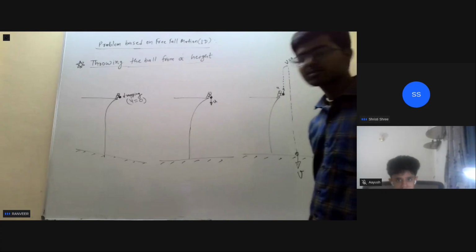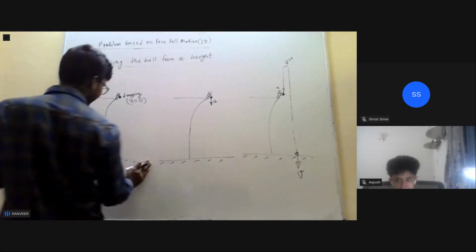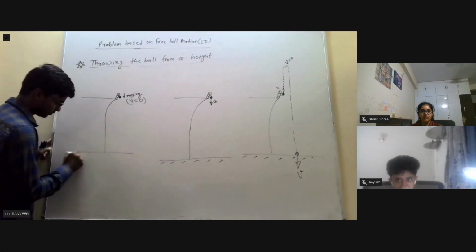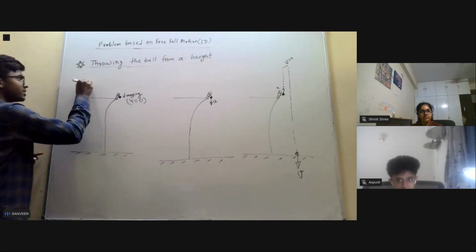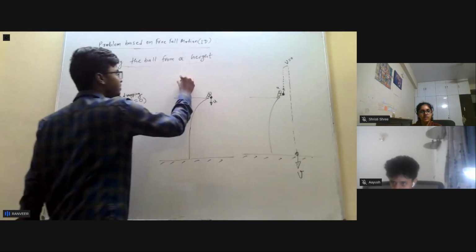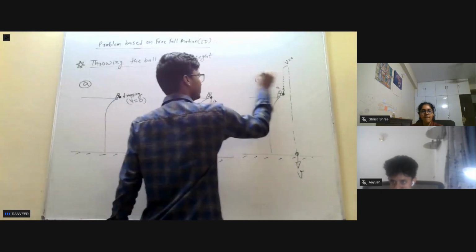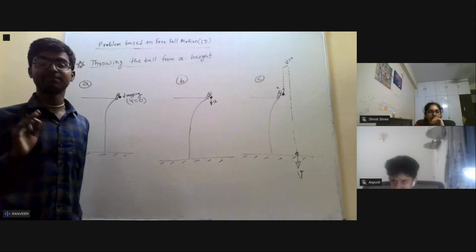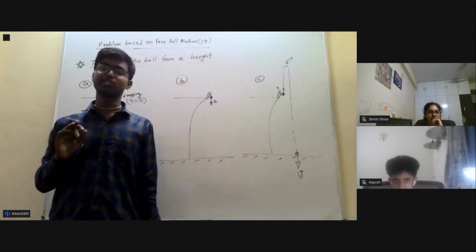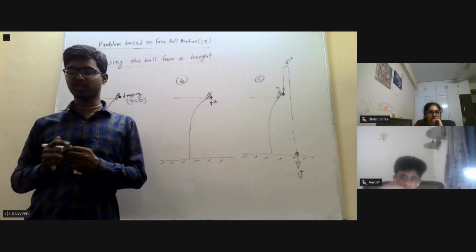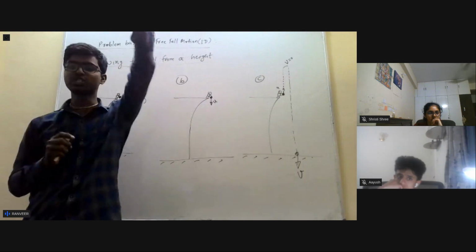Yes, sir. So whatever formula you have studied for only the first case, how do you deal with cases B and C? Simply apply the formulas v equal to u plus at, s equal to ut plus half at square, v square equal to u square plus 2as.